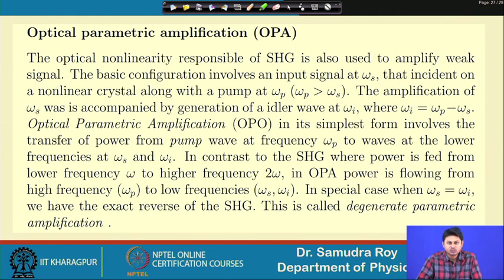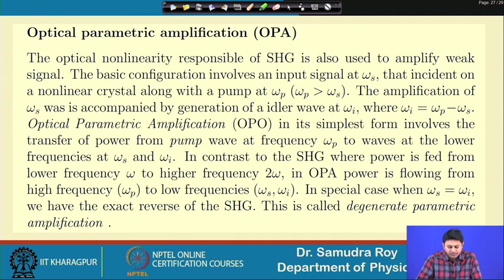Because of this nonlinearity, what happens? In the degenerate case we find second harmonic generation may be there, but here we are not looking for second harmonic generation. In general we use omega s and omega p. So, that means this is the non-degenerate case. So, omega s is going to amplify.